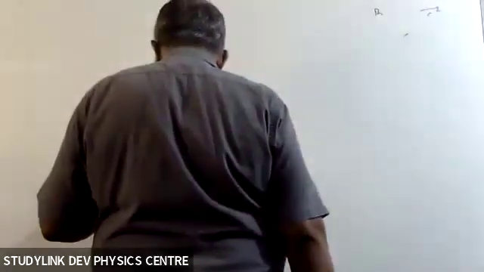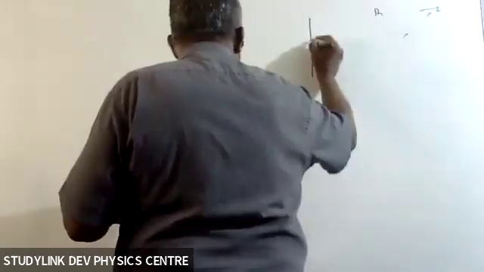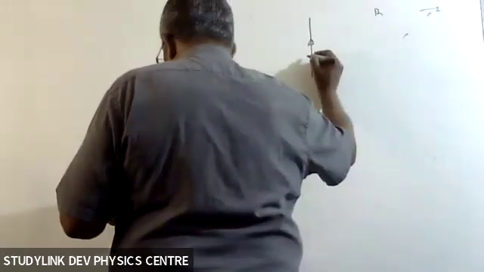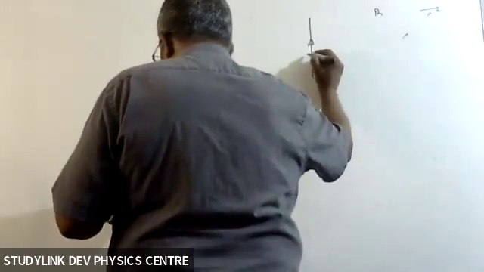For that, we have to use the diagram again, but no letters are given. So therefore, we have to draw first. The directions are given respectively. North, that direction we have 3.